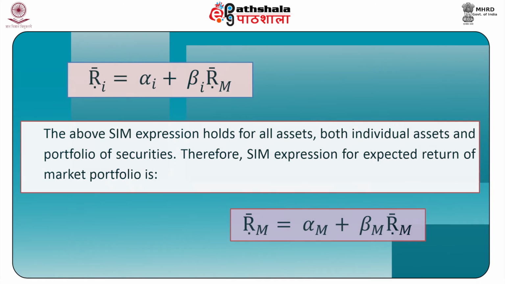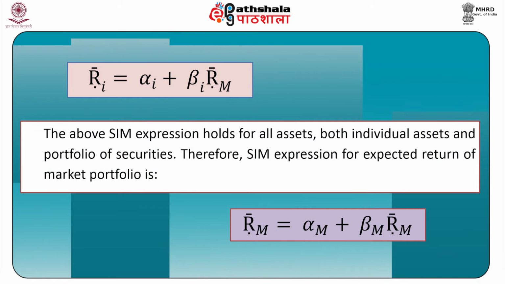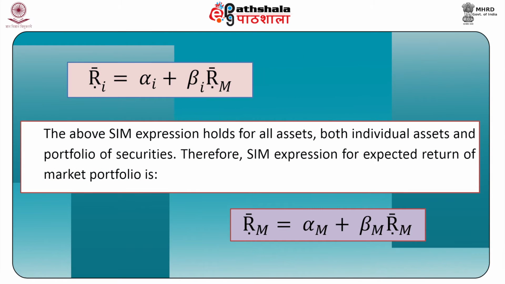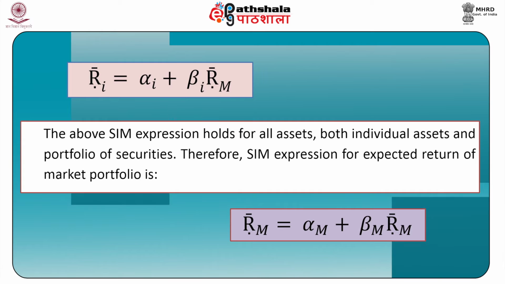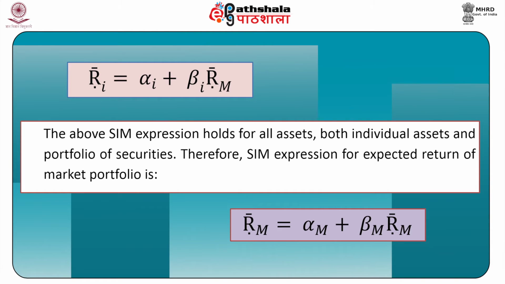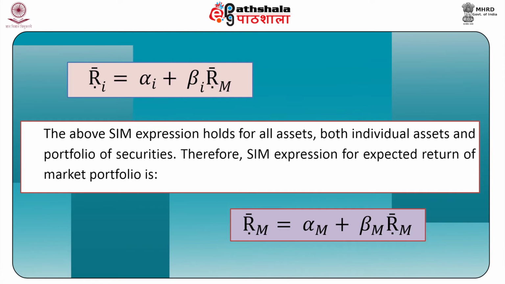Our first assumption and construction, if necessary, gives the SIM expression for security i's expected total return as R̄i = alpha i + beta i × R̄m. Equation 2. The above SIM expression holds for all assets, both individual assets and portfolios of securities.